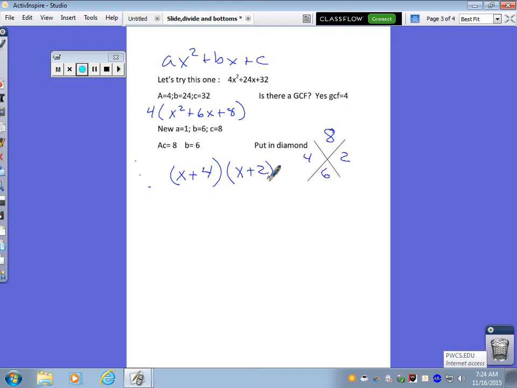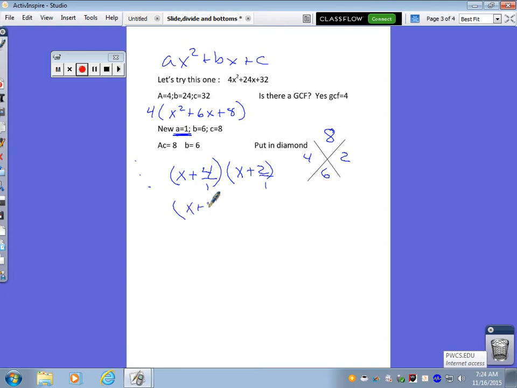Now what we're going to do is divide by whatever the new a was, not the factored out a. So we divide by 1, divide by 1. Can this be reduced? Yes, it can.